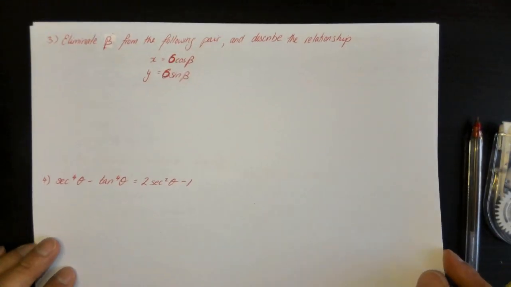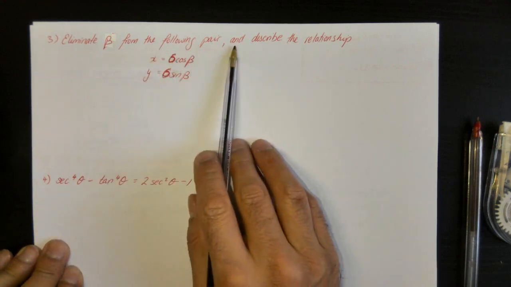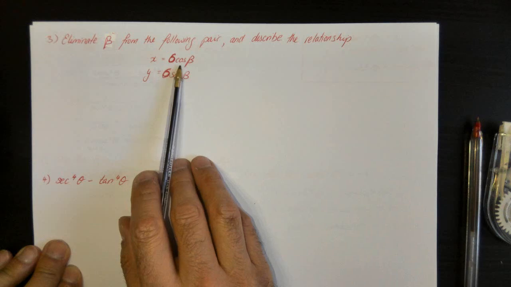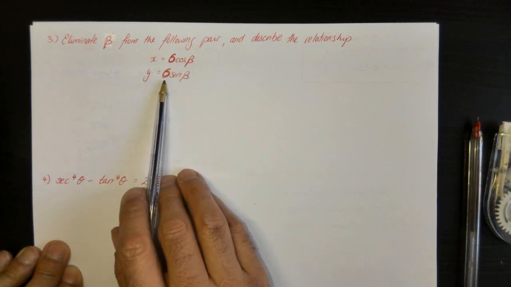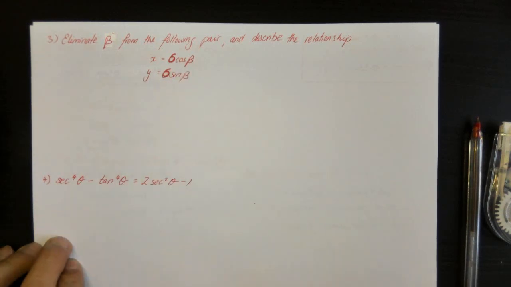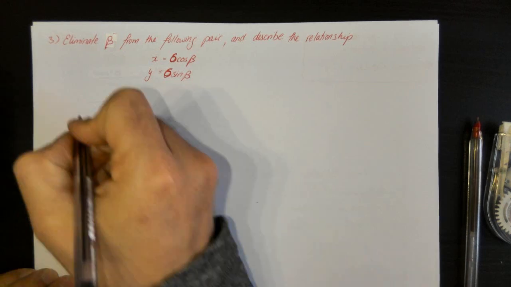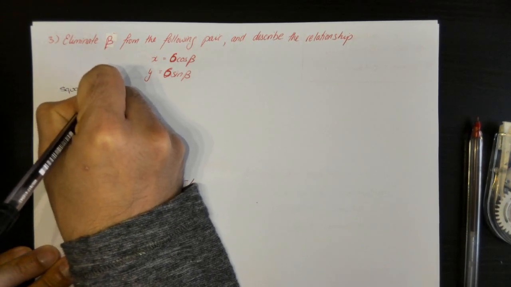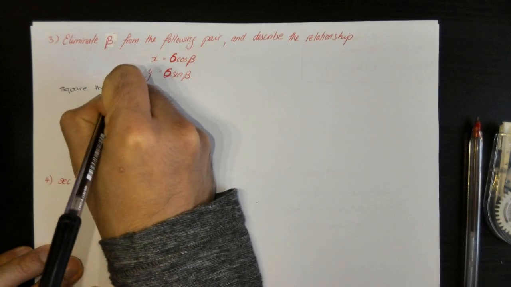We want to eliminate beta from the following pair and describe the relationship. So we've got x equals 6 cos beta, y equals 6 sine beta. When I have this problem, what I'm going to do is square both equations.